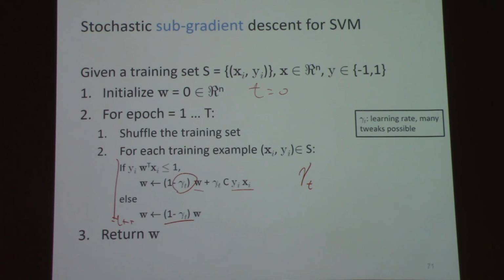The previous lecture had an example of how to choose gamma. A simple thing that works is 1 over 1 plus t, something like this. Basically, all you need is a decreasing schedule of learning rates. And it has to decrease in a certain way.